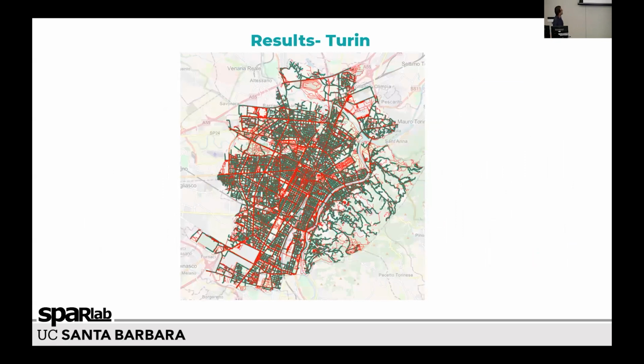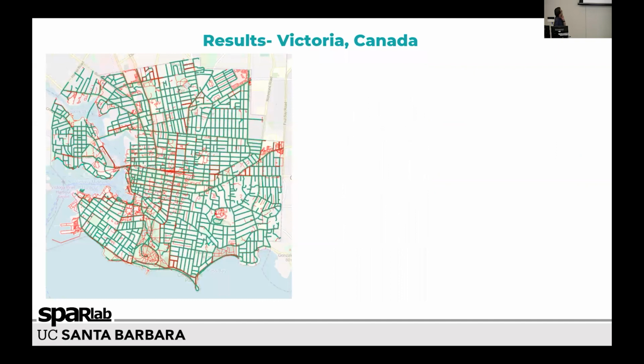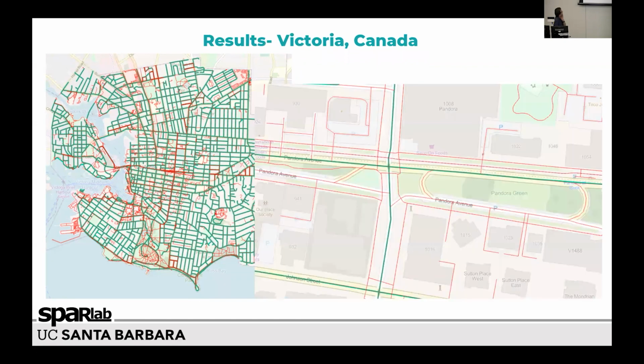Here is another view of the results, looking at the entire Torino. The red line is the original data set. The green one is after the processing. I also tried this on Victoria, Canada, because we work a lot with data from Victoria.